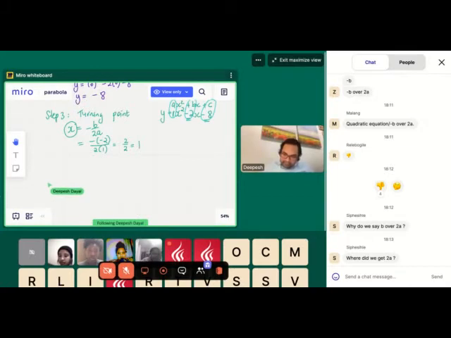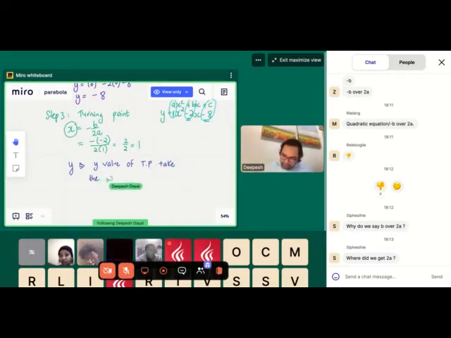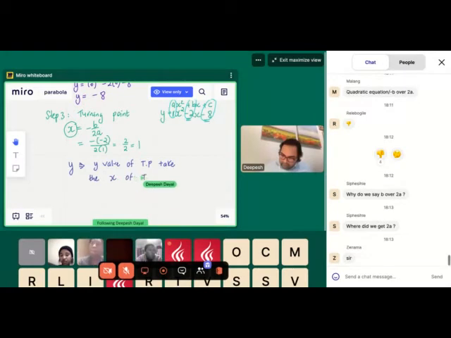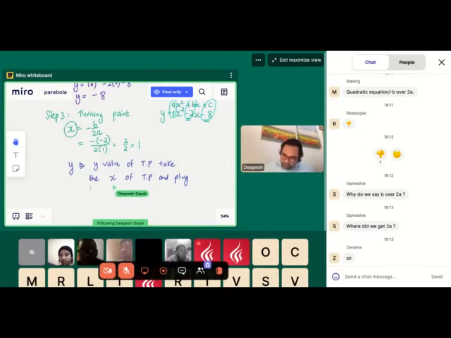So to find the y, we are going to take the x and plug it into the original equation, right? So the y value of, I'm going to write TP as turning point. Take the x of the turning point and plug into the original equation.